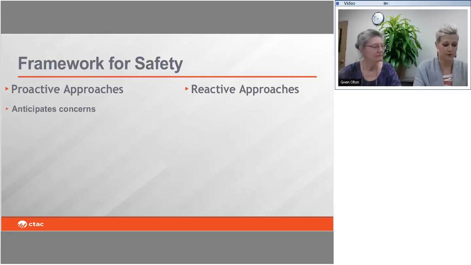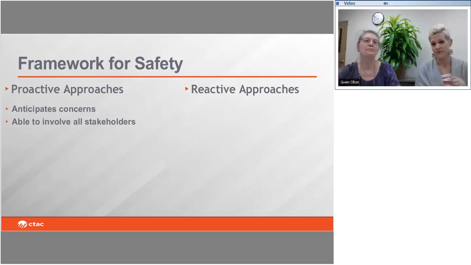So in a proactive approach, you're really going to anticipate concerns. You're going to think ahead, what are some of the possible outcomes that could be troublesome to folks, and to that end, you're able to involve all stakeholders. So if you're not doing this in an anxious moment where safety is a concern, you're able to really consider, who are all the people that should be at this table with me?